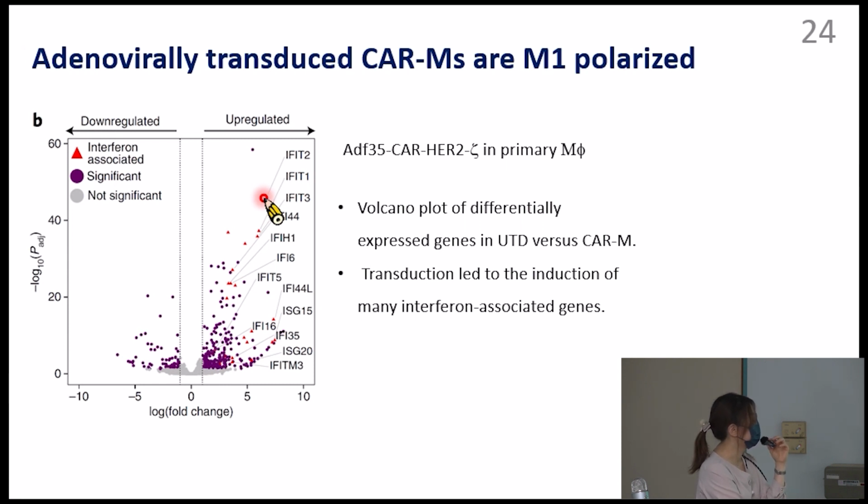So here they analyze the CAR macrophage which express HER2 and compare with the control macrophage, and the results show the CAR macrophage can highly express several genes, which are interferon gamma associated genes.